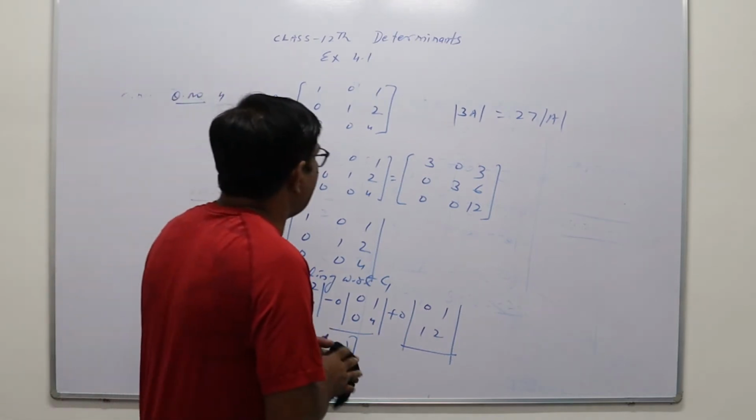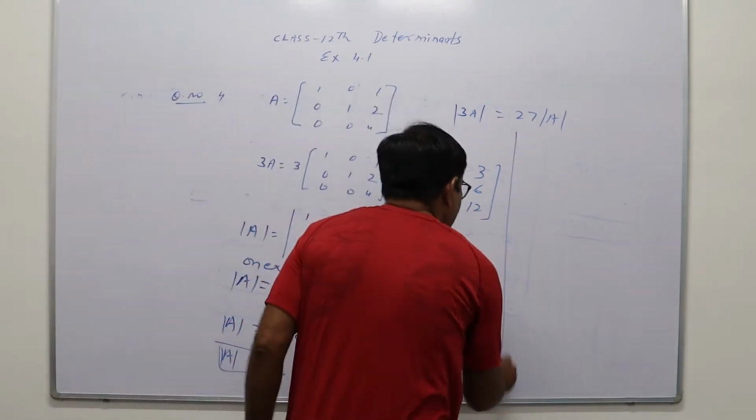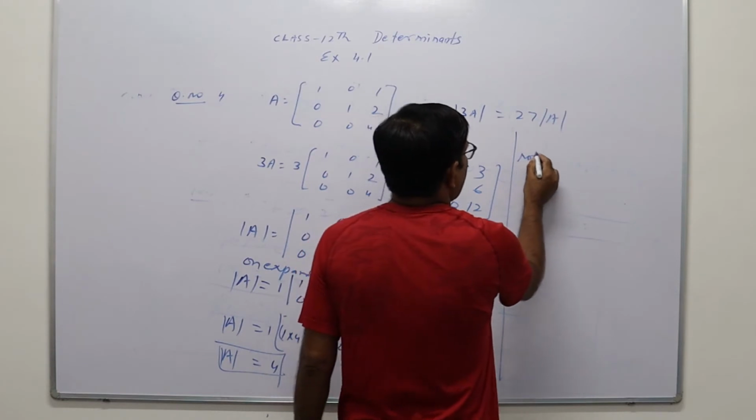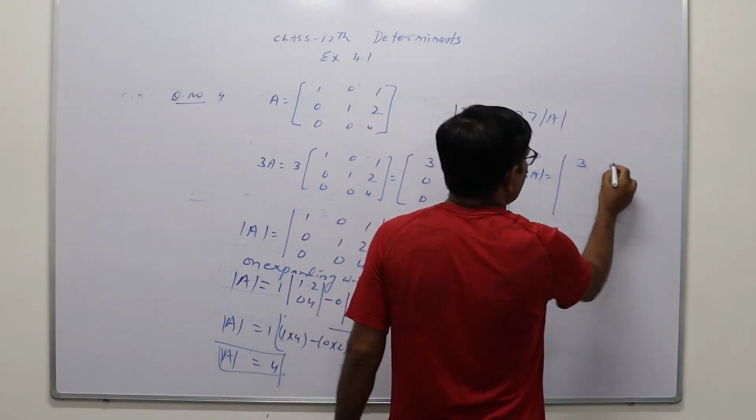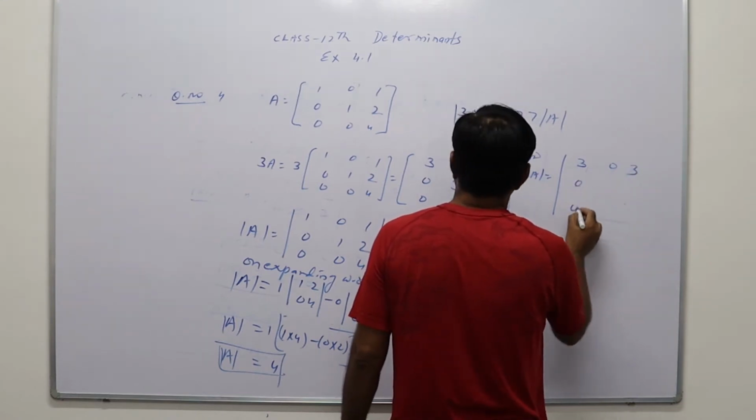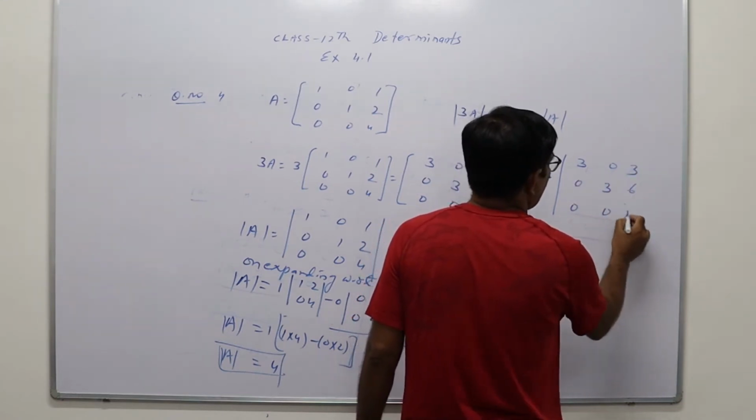Determinant of 3A. Determinant of 3A means the determinant of 3, 0, 3, 0, 3, 6, 0, 0, 12.